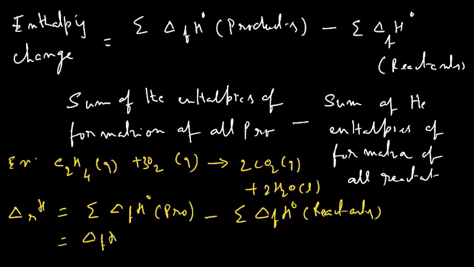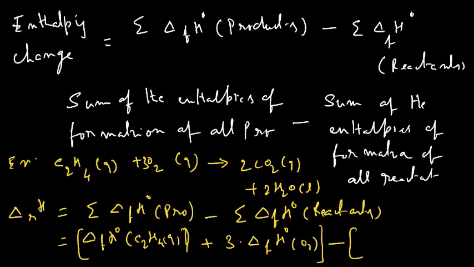So ΔfH naught of C2H4 gas plus, oxygen 3 moles are there, therefore 3 into ΔfH naught of oxygen, minus, the products are carbon dioxide and water, therefore 2 moles of carbon dioxide are there, therefore this is 2 into ΔfH naught of CO2 plus, water 2 molecules are there, therefore 2 into ΔfH naught of water.